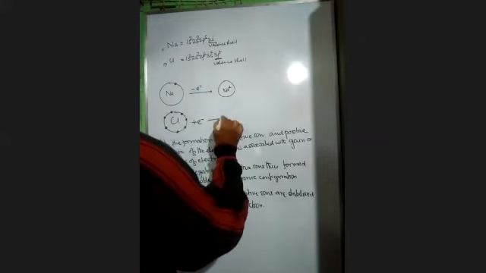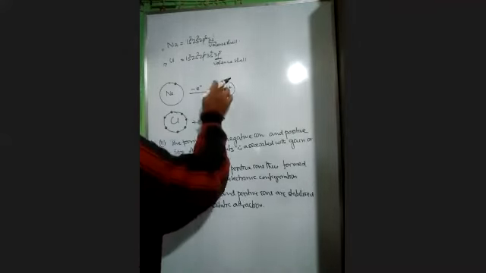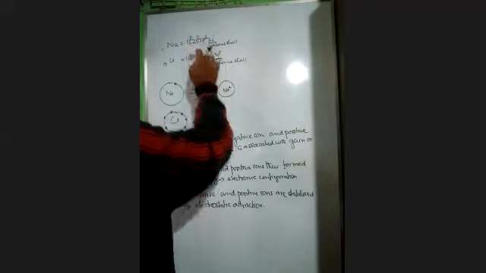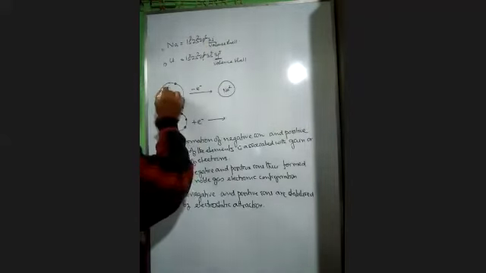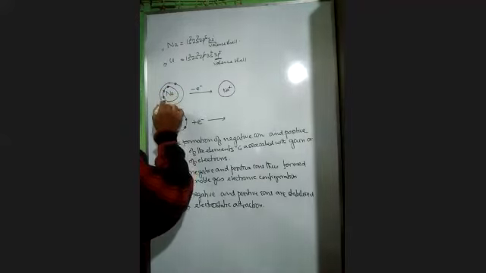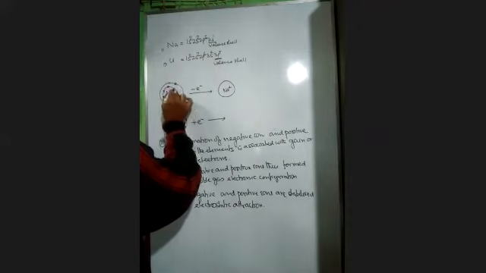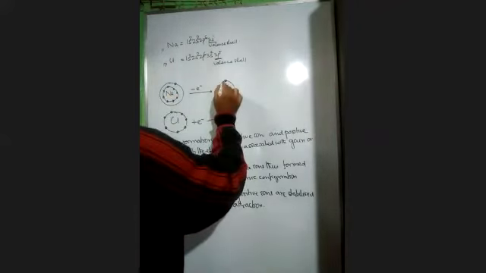Now see, I'm going to put 8 electrons here: 1, 2, 3, 4, 5, 6, 7, 8. See, now it has attained octet.